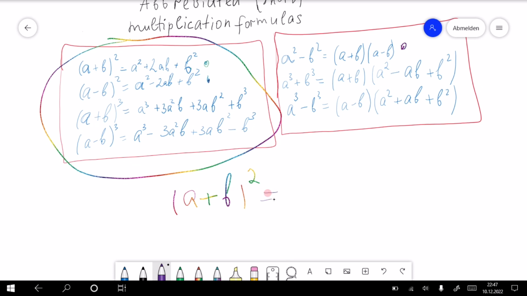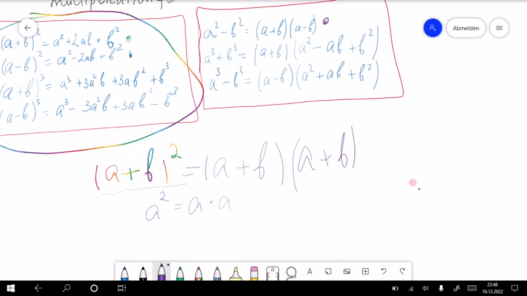Let's imagine the situation that you forget what should be here, and what you can do in such a situation. As you know, a squared is the same as a times a. The same is here. A plus b squared equals a plus b times a plus b.